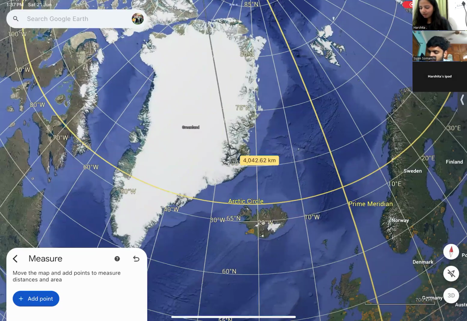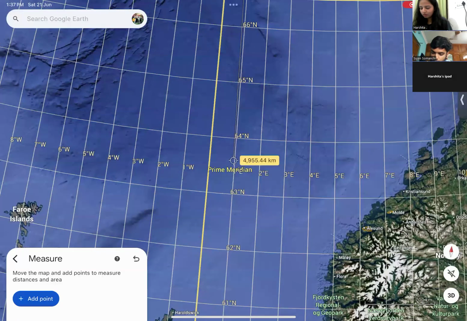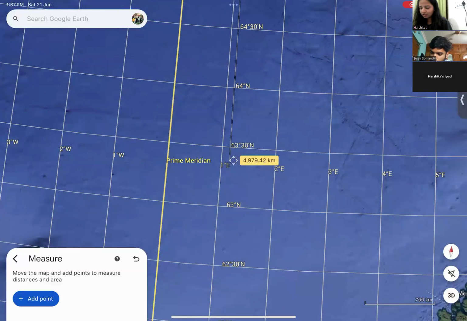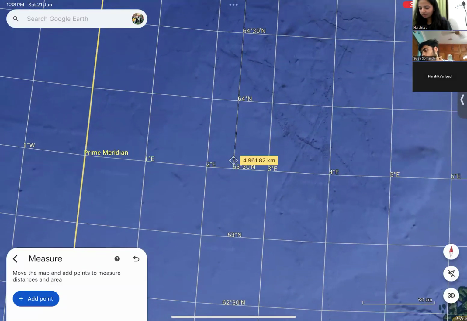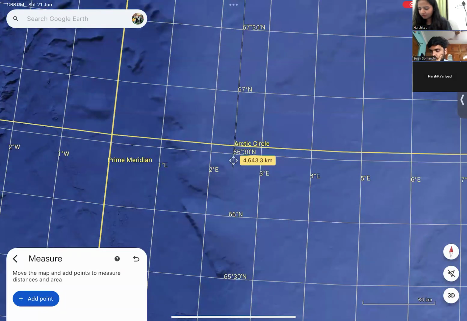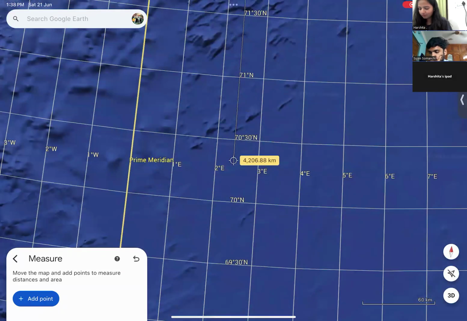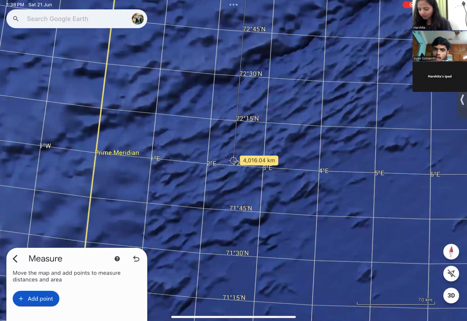If I want the shortest distance at 2 degrees 30 minutes east, right? Yes, ma'am. It's 72 degrees, around 2.5 degrees.